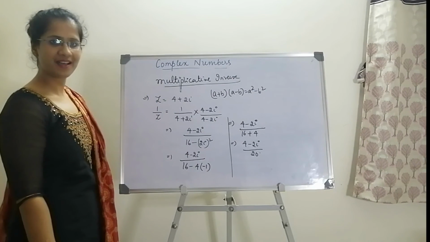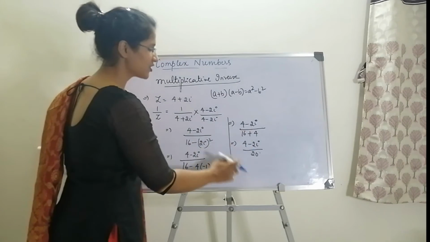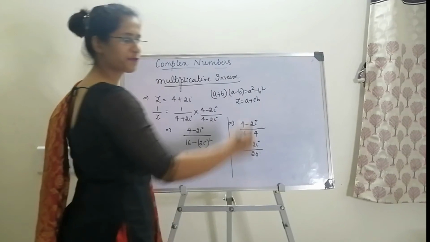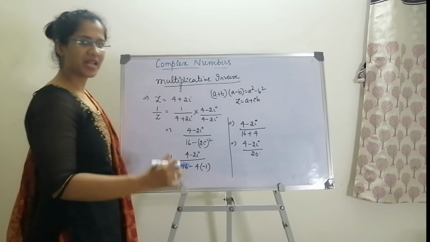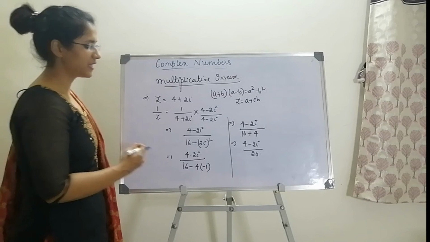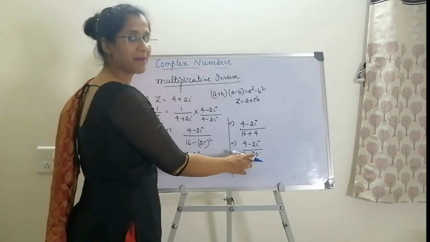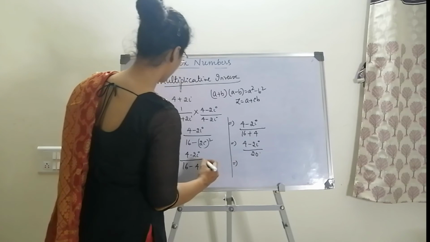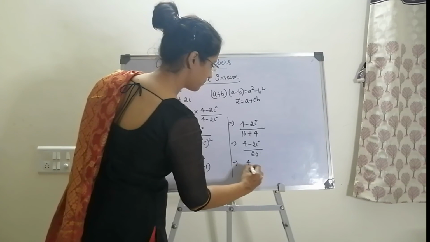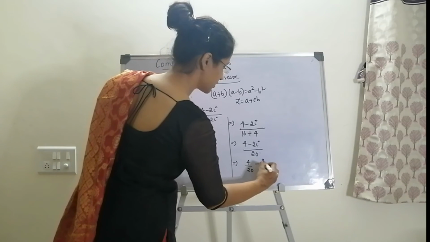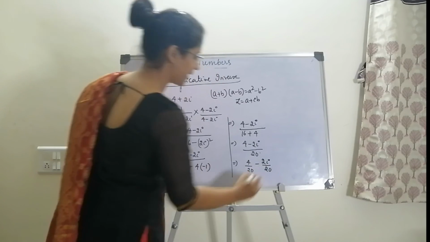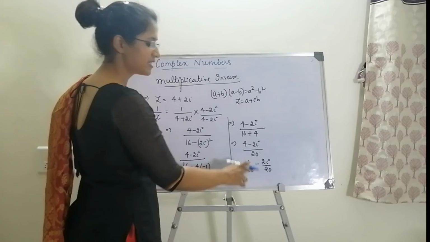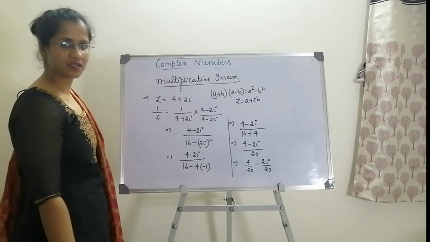So my final answer is 4 minus 2i divided by 20. Is it my final answer? No. This has to resemble the z is equal to a plus ib form. So as I explained a little while ago, the denominator is applicable to both the terms in the numerator. So I can write this as 4 by 20 minus 2i divided by 20. But my term in the denominator obviously cancels my numerator, correct?